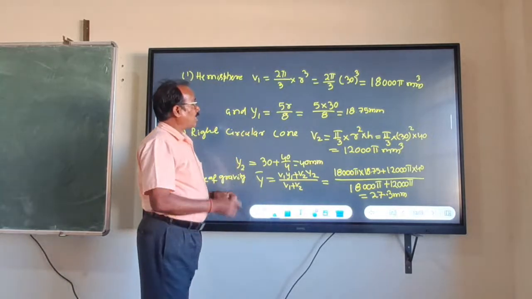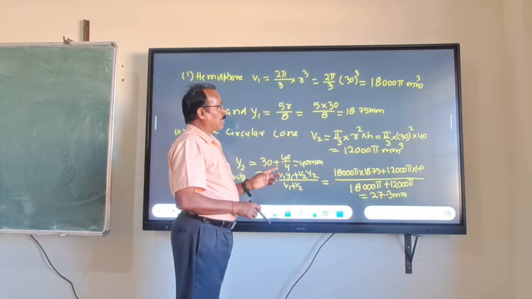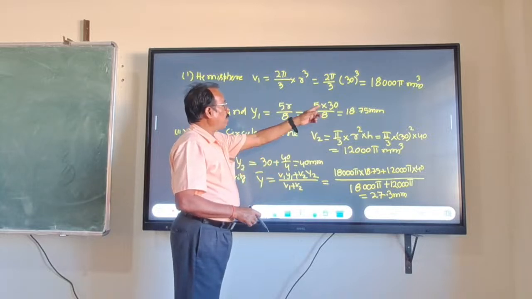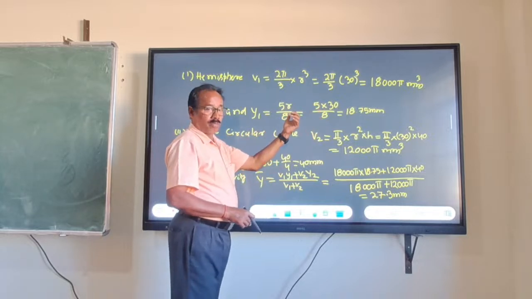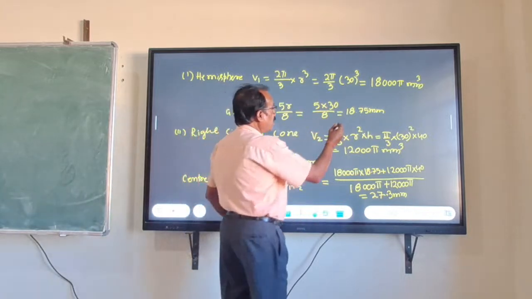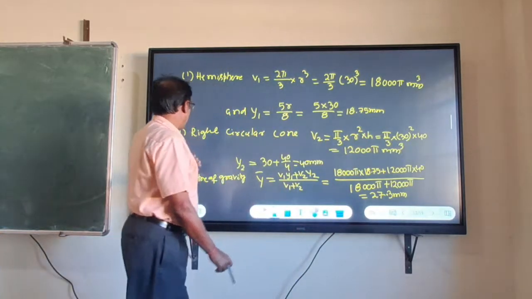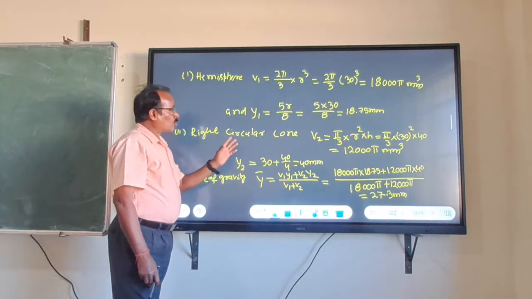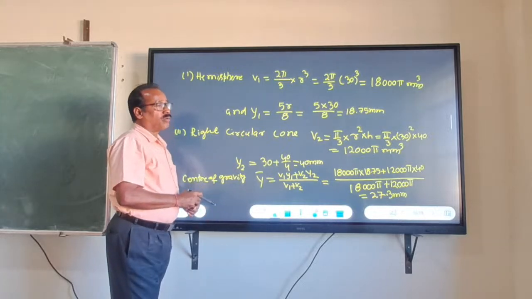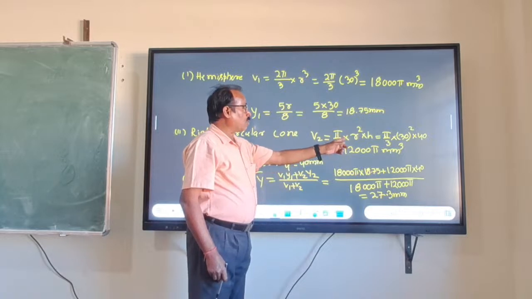And y1 is equal to 5r by 8 is equal to 5 into 30 by 8. This is the formula. 5 into 30 by 8 is equal to 18.75 mm.